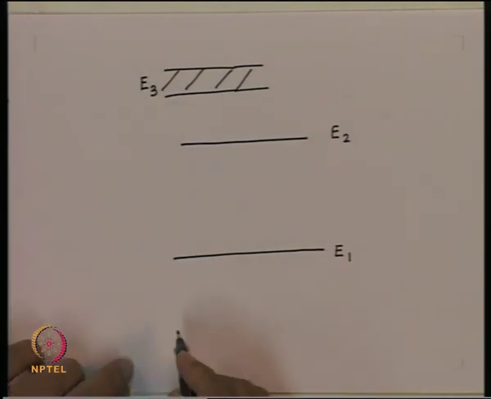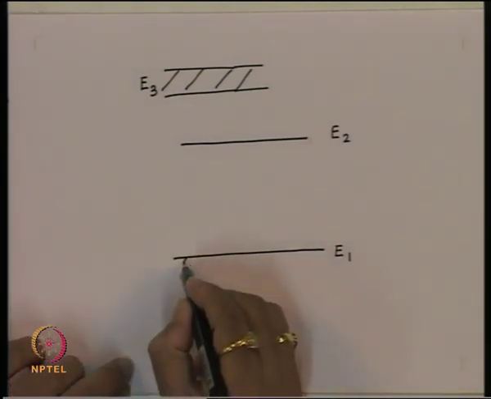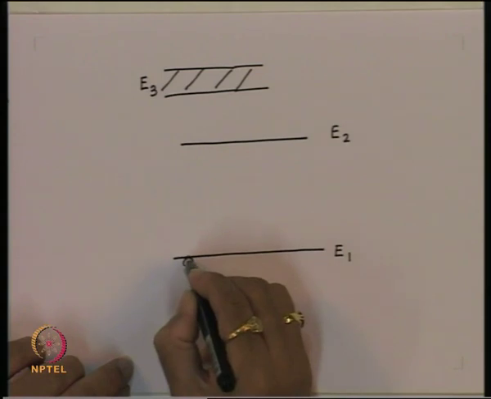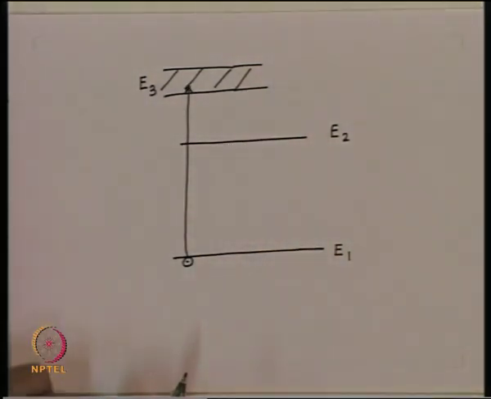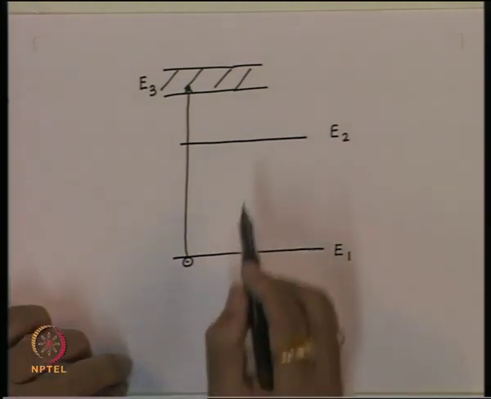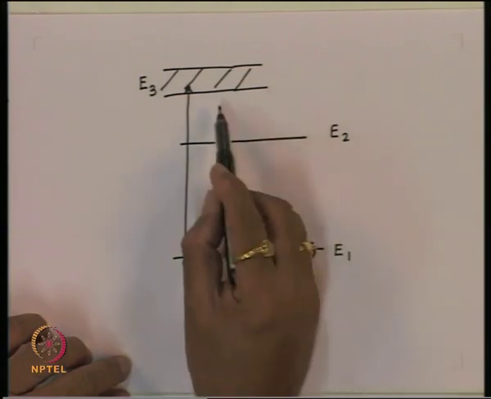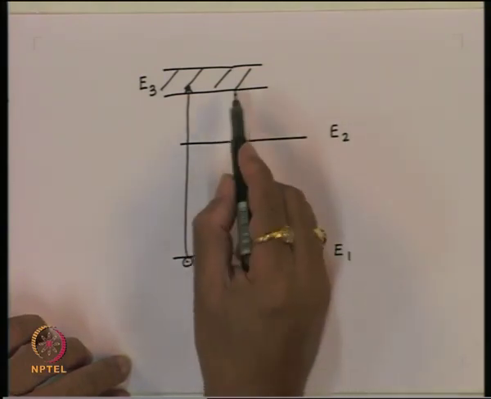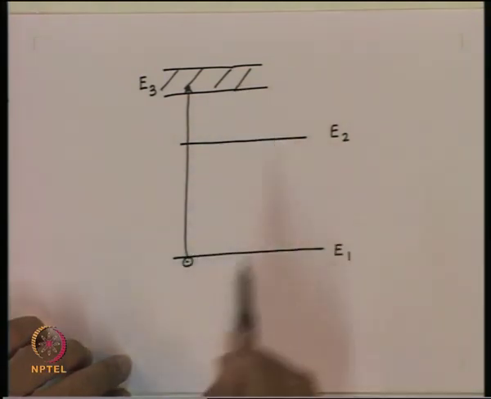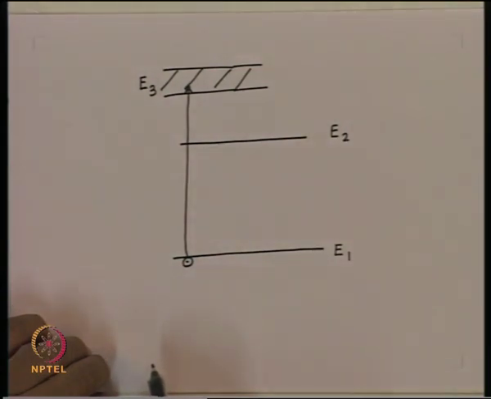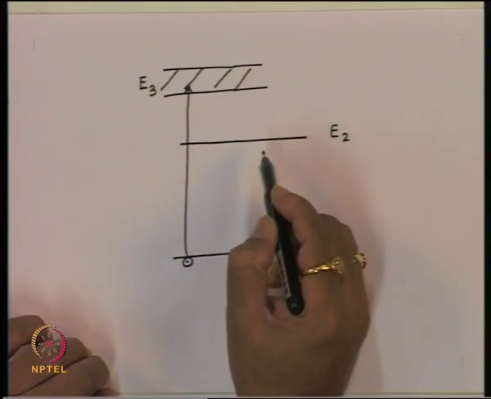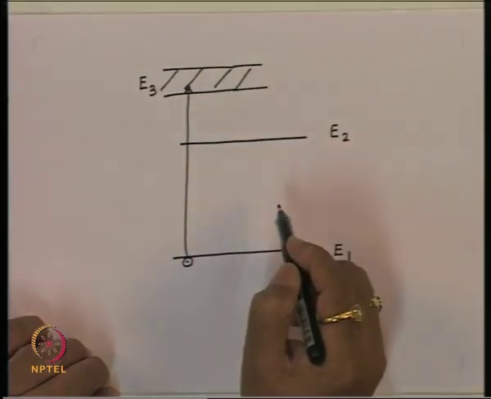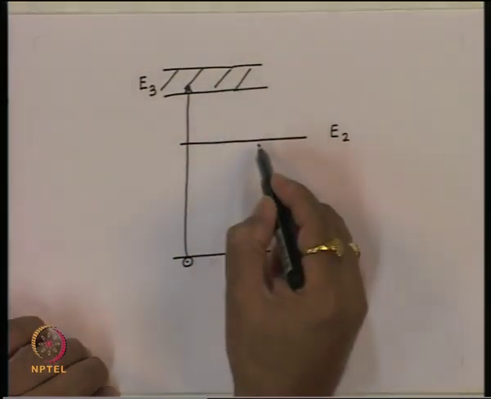So, now the process is as follows. The electron is transported from the ground state to this upper energy state. And then if the lifetime of the electron to relax from this level to this level is much smaller, then the electron will be transported to this level, and very quickly, because of the spontaneous process, this electron will relax to this level.